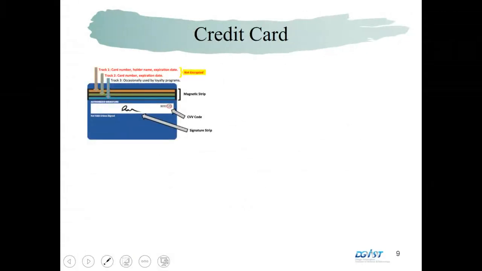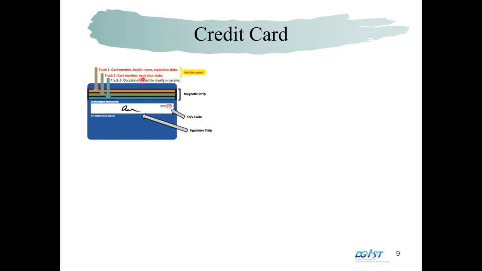Okay, so as you see here, in a credit card, you know there are some magnetic strips. If you use the credit card for a long time, sometimes it's not working. So we lost the information in the magnetic strip. And even in the magnetic strip, there is a lot of information. There are 3 tracks. One has the card number, the name of the card holder, and the expiration date.